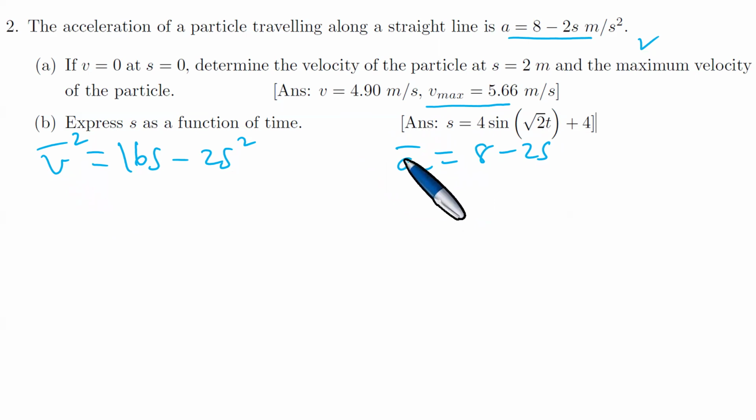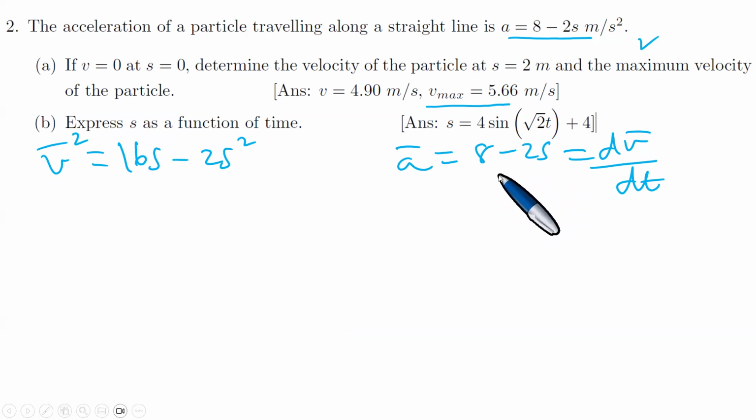We know that a is 8 minus 2s, but acceleration is v dv/ds. So that gives us another equation we can use to determine this.